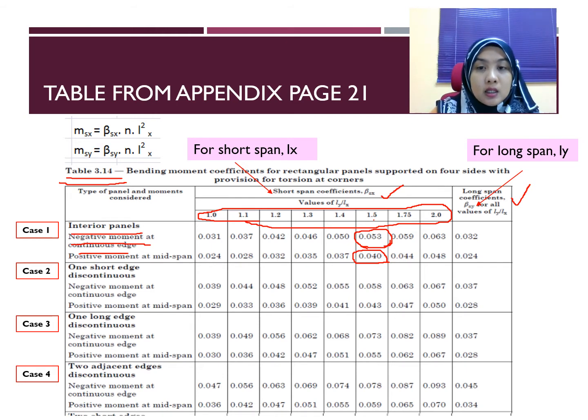Based on the previous figure, it is case number 4, which is two adjacent edges discontinuous. So if Ly over Lx is 1.5, then for negative moment you are going to use 0.078 for beta sx and 0.09 for beta sy, and for beta sy you get these two values. So altogether you have 4 values or 4 moments for each side.